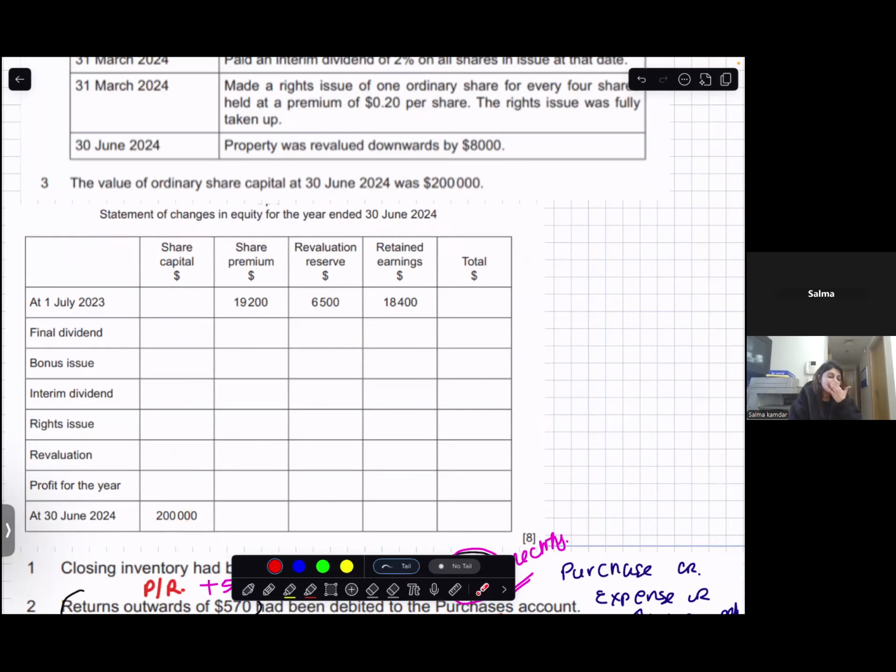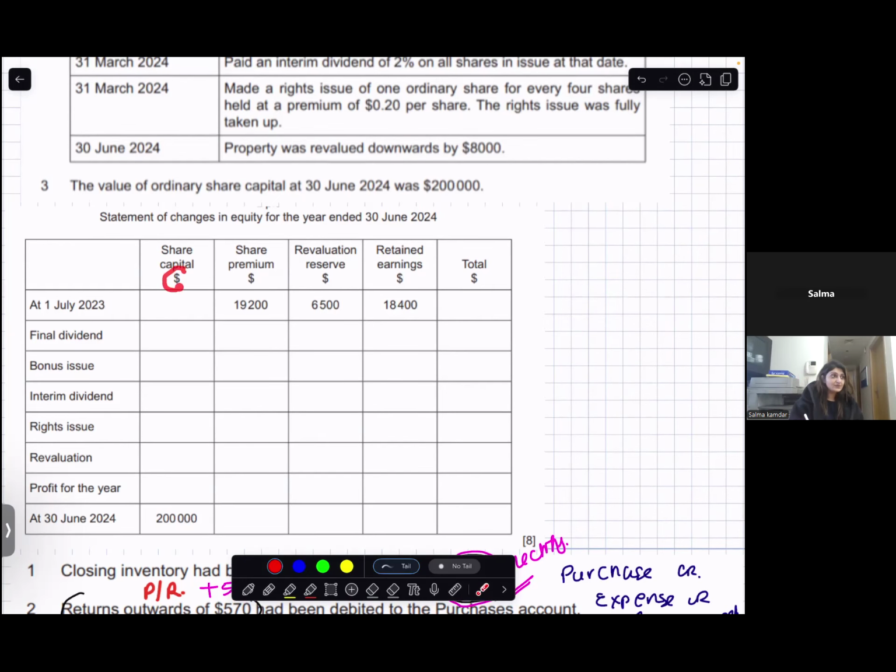200,000. Since you're telling me the closing balance is 200,000, can you tell me what are the things that you would think of when you look at this closing balance? The first thing that I would think of is, since this is in dollar value, this represents share capital. You always have to think it that way, that since it is the dollar value, you have to think of the share capital, and your share capital comes with this formula.